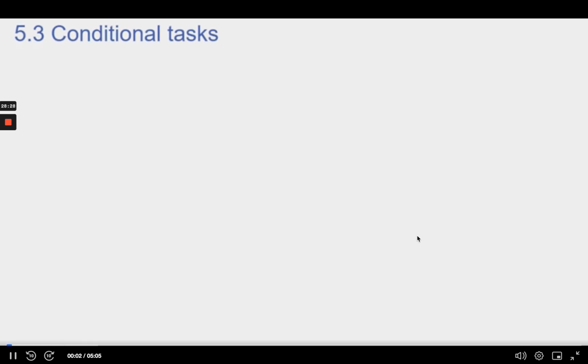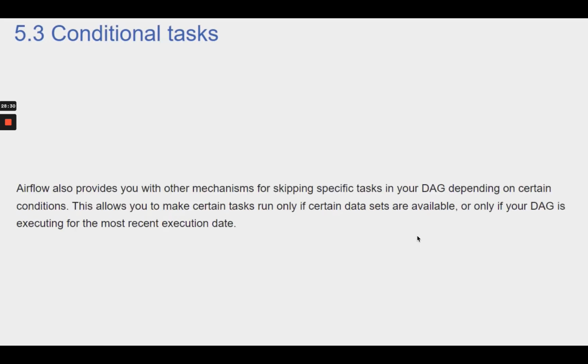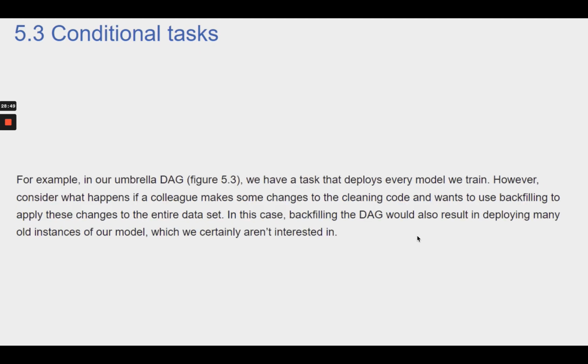Section 5.3. Conditional tasks. Airflow also provides you with other mechanisms for skipping specific tasks in your DAG depending on certain conditions. This allows you to make certain tasks run only if certain datasets are available, or only if your DAG is executing for the most recent execution date. For example, in our umbrella DAG, figure 5.3, we have a task that deploys every model we train.